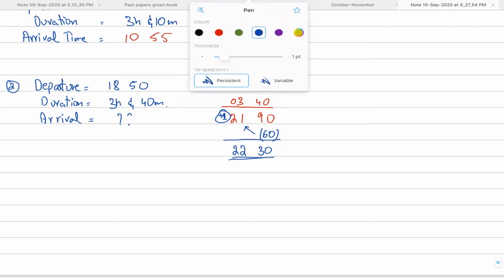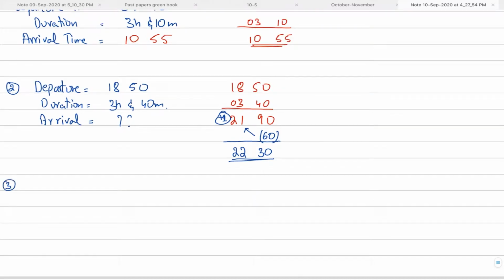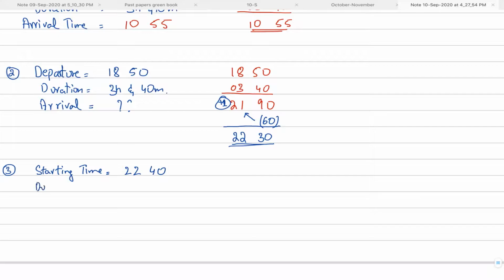Let's do another example following the same concept. Let's say you go to watch a movie, and the starting time of that particular movie is 22:40. And let's say the duration of the movie is 4 hours and 30 minutes.